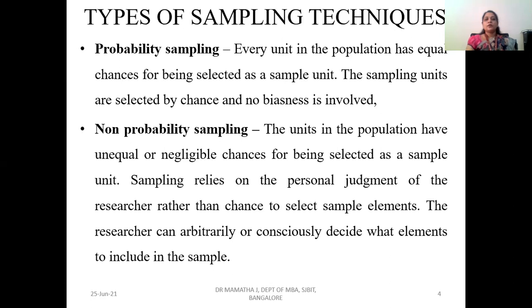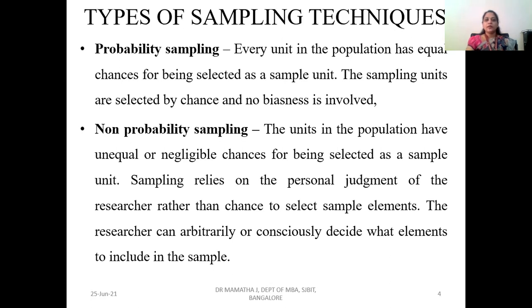Okay, so when you are drawing the samples, you basically have two sampling techniques, as I told you, probability and non-probability sampling techniques. As we discussed in the first unit, research is a very scientific and systematic way.